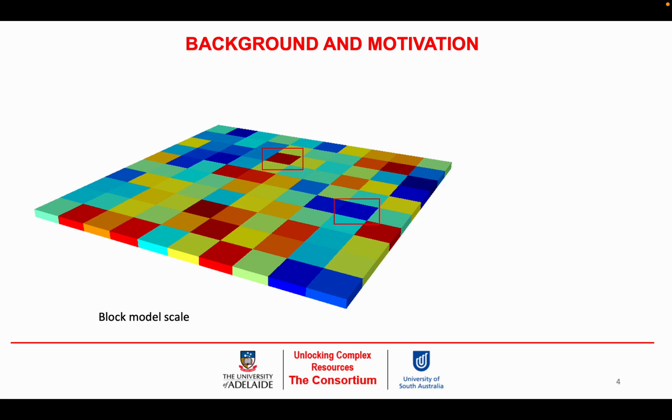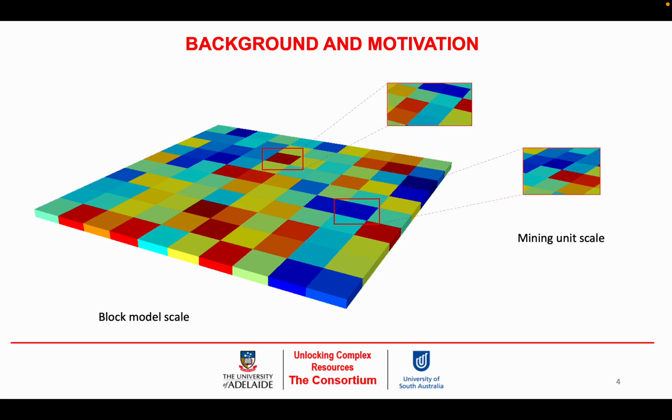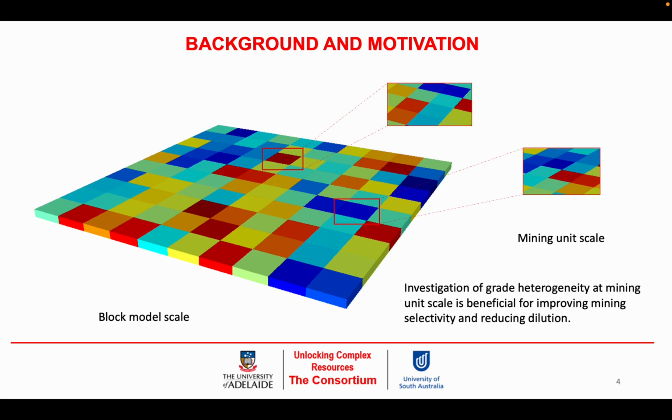However, if we could get some additional data to downscale these two blocks, we find there are actually some waste within the ore block and some ore within the waste block. So the investigation of the small-scale grid heterogeneity brings a great potential to further improve mining selectivity and reduce dilution, which is also the motivation of this project.